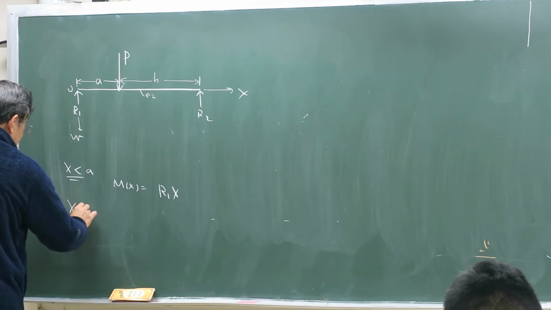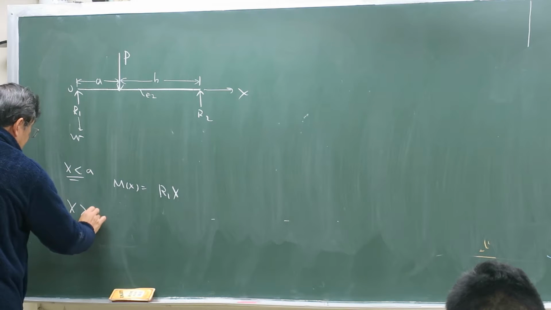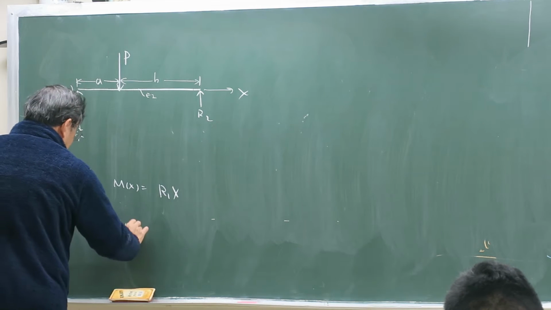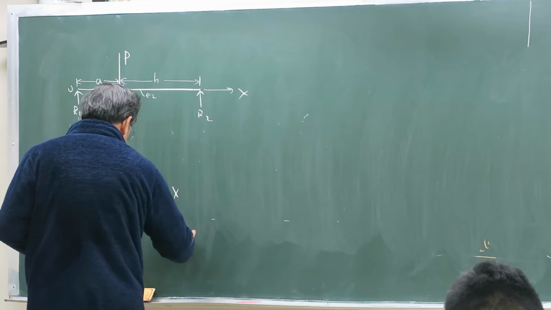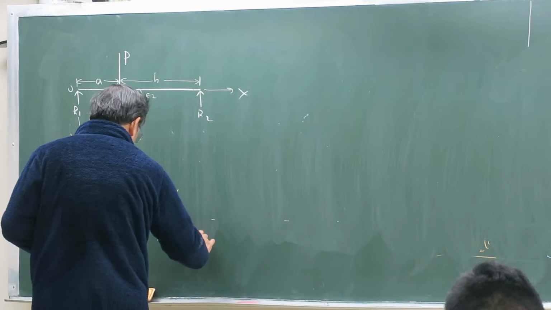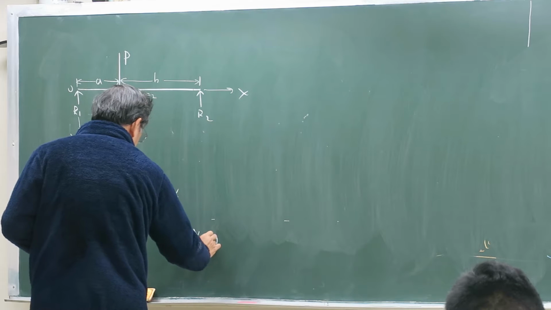For x larger than a, my moment is equal to R1x minus p times x minus a.